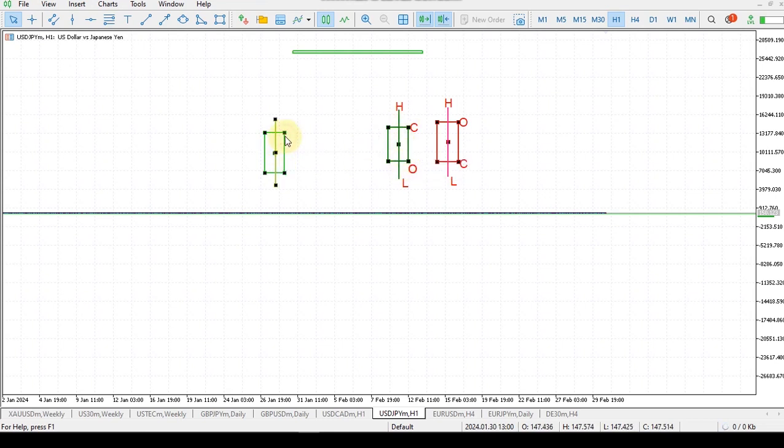So now what else should we look out for? As soon as the market closes here, we are now expecting another new candle to form there.